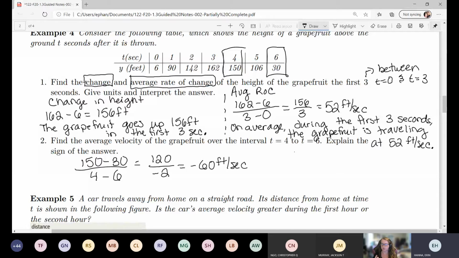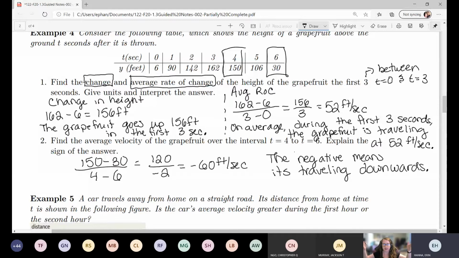If it's got a positive velocity, it's traveling up, and if it's got a negative velocity, it's traveling down. So essentially what this is saying is the negative means it's traveling downwards.